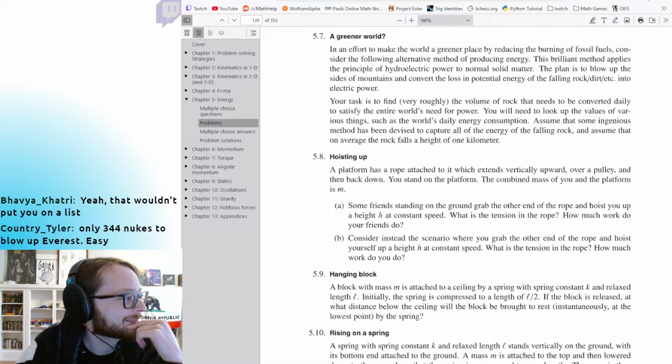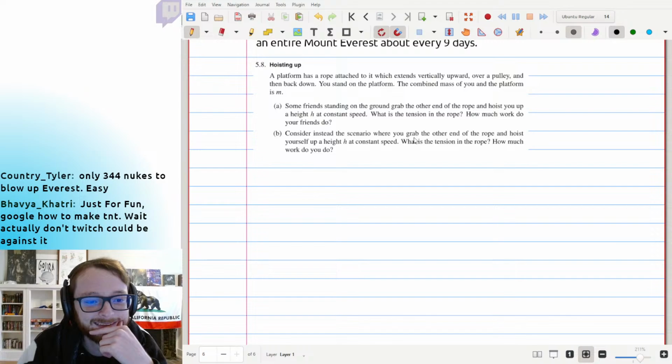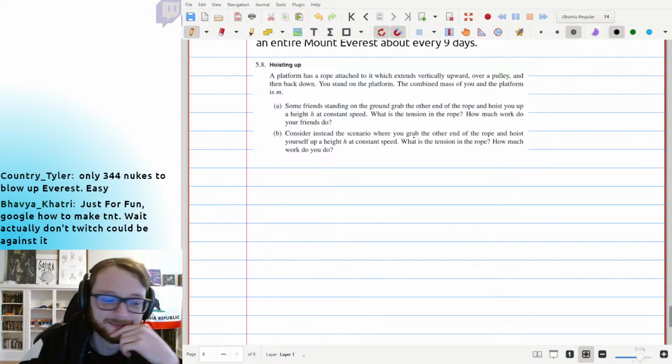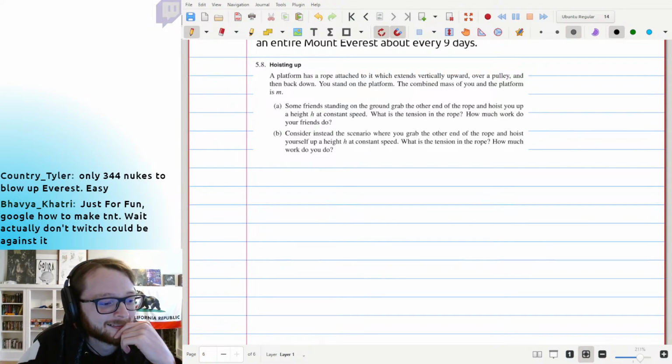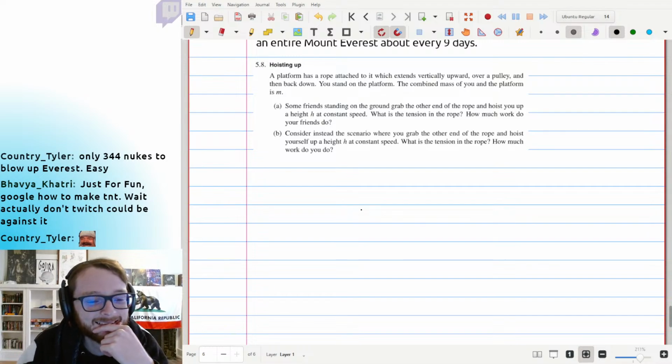Google how to make TNT. Okay, no, that I'm definitely not doing. No, it's probably illegal to make it. That emote's hilarious. I remember in high school chemistry class we did make thermite, and that was a lot of fun.